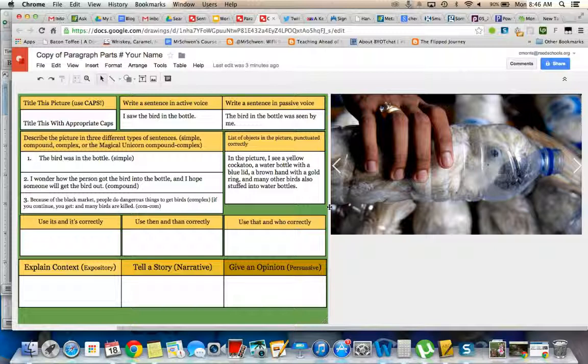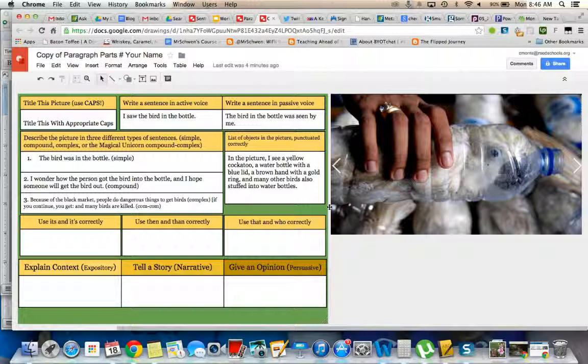Okay, time to go to its and it's. So, it's with an apostrophe S stands for what? It is. If you can replace it with "it is," then you use it's with an apostrophe. Its with no apostrophe is like saying her or my.